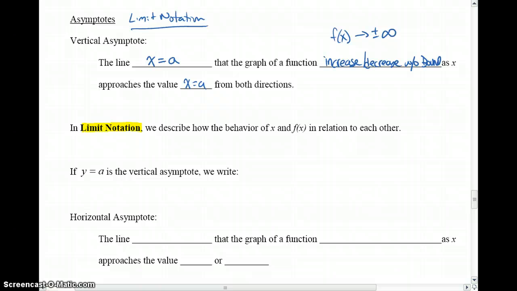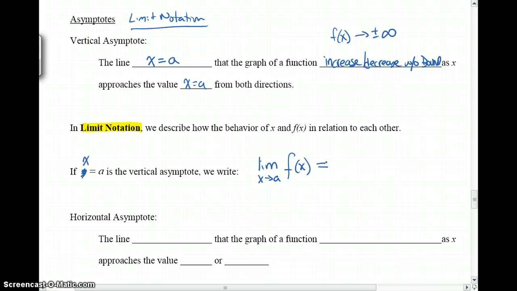So, oh, that's a typo, that shouldn't say x, y, it should be x equals a is a vertical asymptote. If we have a vertical asymptote, then we would write that the limit as x approaches a, with the arrow a little bit smaller, and then we write f of x big right next to it. Well, what happens to f of x?